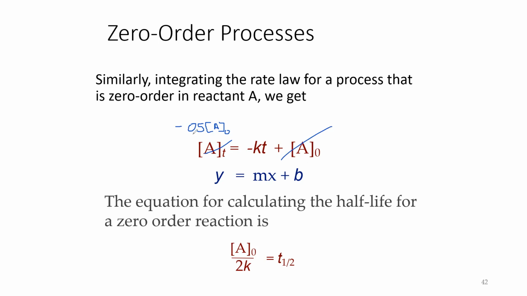We've got to subtract a full from the left. So now we're going to have negative half of the initial concentration. And then we'll divide by negative k. Really just makes it plus. So with the half-life here, we could have 0.5 times the initial concentration, or another way of saying that would be the initial concentration over 2. But that's going to be how we can solve for the half-life of a zeroth order reaction.